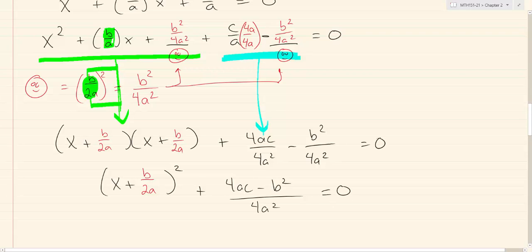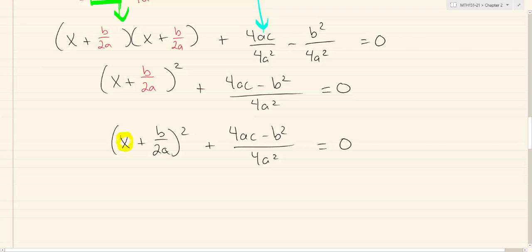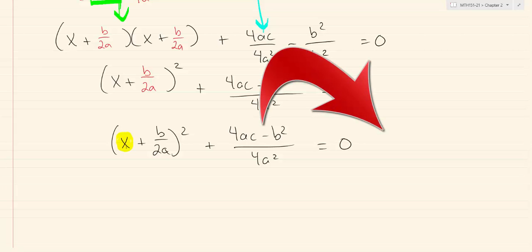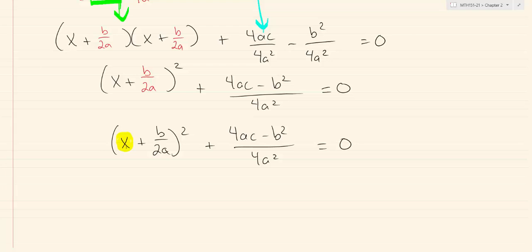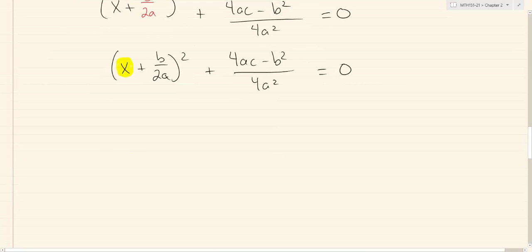So again, all we're doing is completing the square on a generic formula. In order to solve this, to figure out where our x-intercepts are, we need to solve that for x. I've got to kick all that junk over to the right-hand side and get x by itself. Then we'll have the intercepts. So I think we'll start by subtracting this 4ac minus b squared over 4a squared.